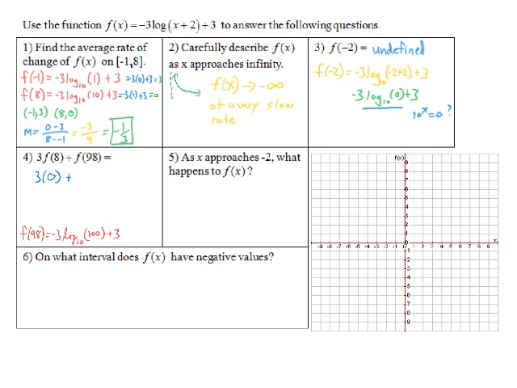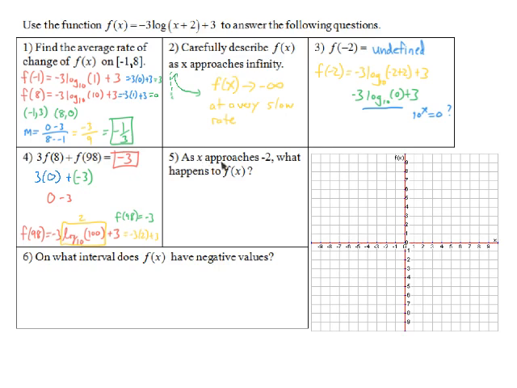Won't this piece equal 2? Because 10 to the what is 100? It's 2. So won't that be -3 times 2 plus 3? So f of 98 is equal to -6 plus 3, which is -3. So I can now put -3 right there for f of 98, and that would be 0 minus 3, which is -3, the value of those two.